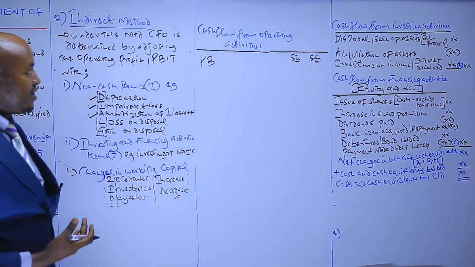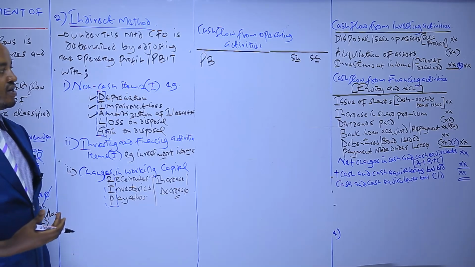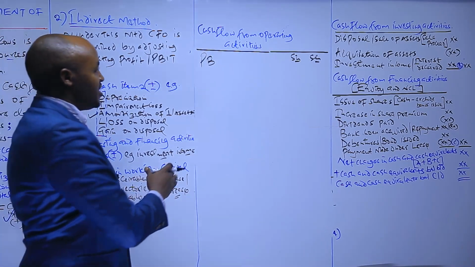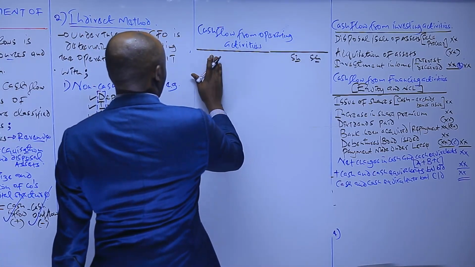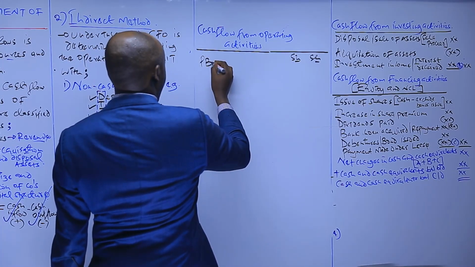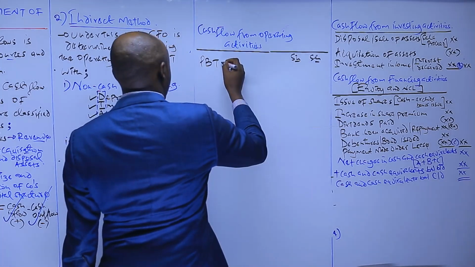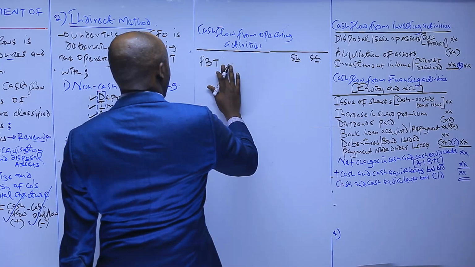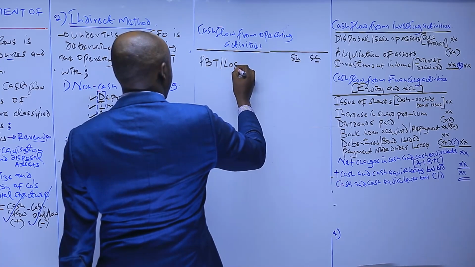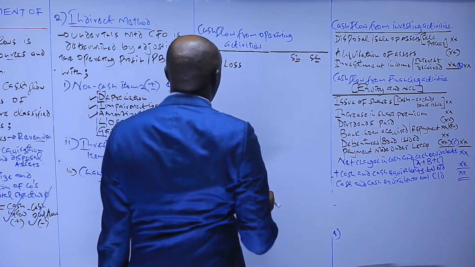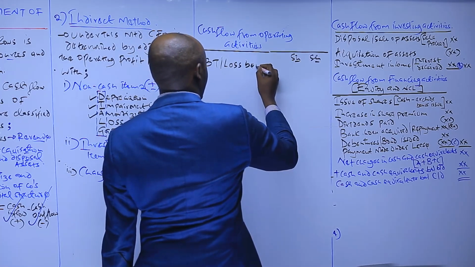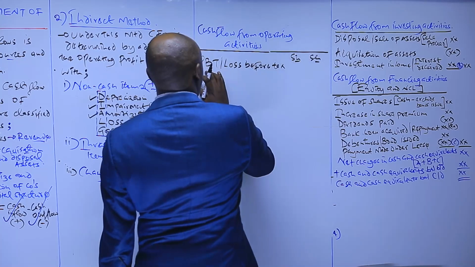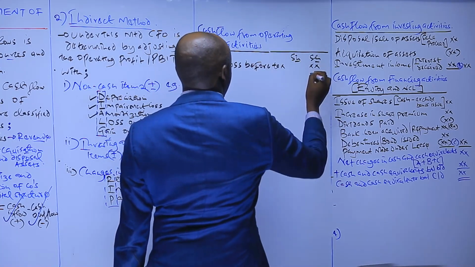But in most of these particular questions for cash flows, the examiner will not have given you the profit before interest and tax. What you have been given is the profit before tax. So what we start with here is the profit before tax. There are some cases whereby you can be given loss before tax. So a company may have reported a loss, so you can be given loss before tax. So this is what you start with, or the profit before tax.